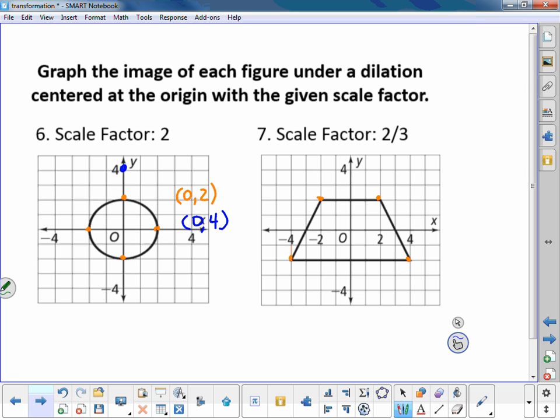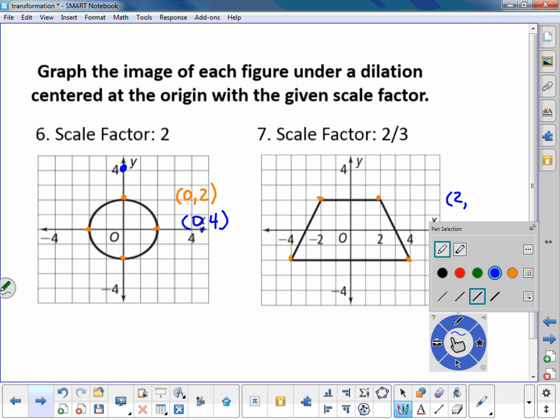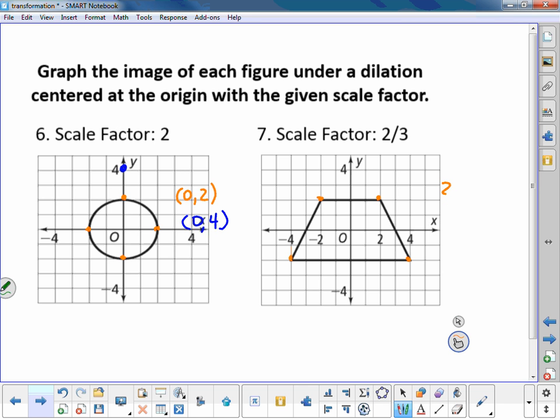Okay? Let's do an example over here. This is at 2, 2. The ordered pair, if I do 2/3 of it, is going to be at 1.3, 1.3.